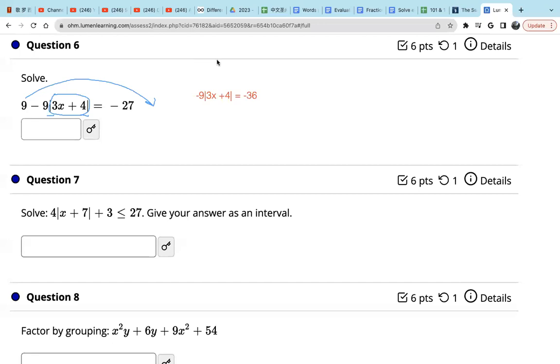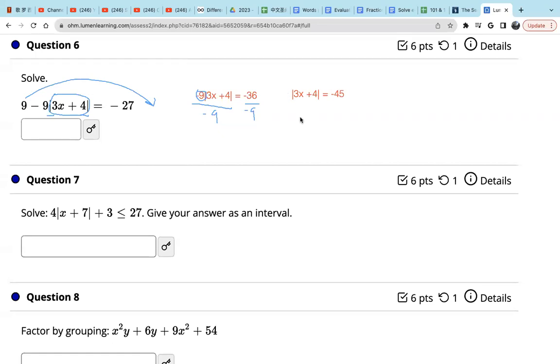It's the same as subtracting 9 on both sides. Now I have one term here and one term here. I divide by -9 because I want to get rid of this -9. Then I get the absolute value of 3x plus 4 equals -36 divided by -9, that's 4... wait, -36 minus 9, that's -45.